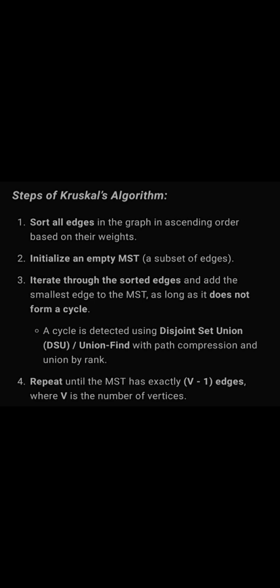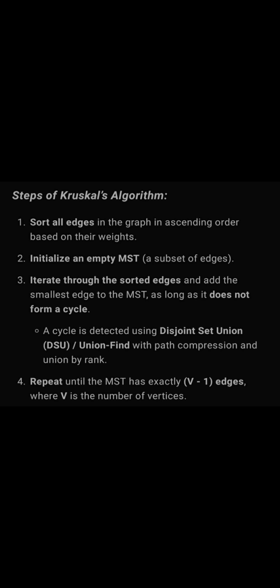Sort all edges in the graph in ascending order based on their weights. This point is important to explain the example. Initialize an empty MST, a subset of edges. Iterate through the sorted edges and add the smallest edge to the MST as long as it does not form a cycle.